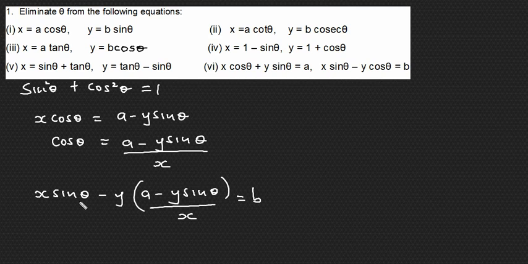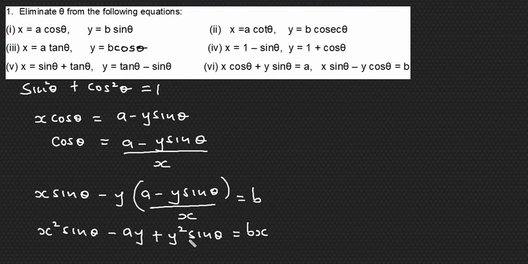So now I can easily get my sine theta. So this is going to be, let me first remove this denominator. I'm going to multiply with x throughout. So this will be x squared sine theta minus, then the y will be multiplied in this bracket, that is going to be minus ay, then plus y squared sine theta equal to bx.